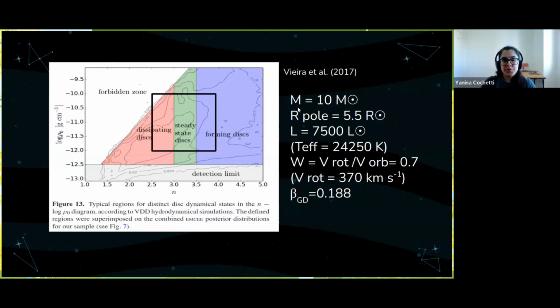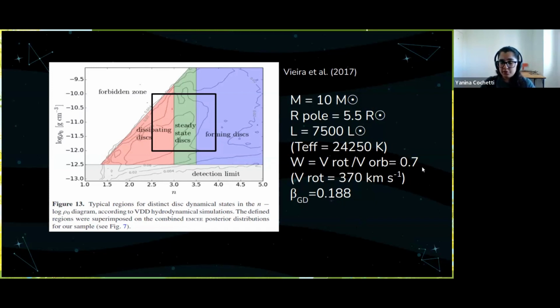So we chose a mass for our central star of 10 solar masses, a polar radius of 5.5 solar radii, and a luminosity of 7,500, which gives us a star with a temperature of around 24,000 K.